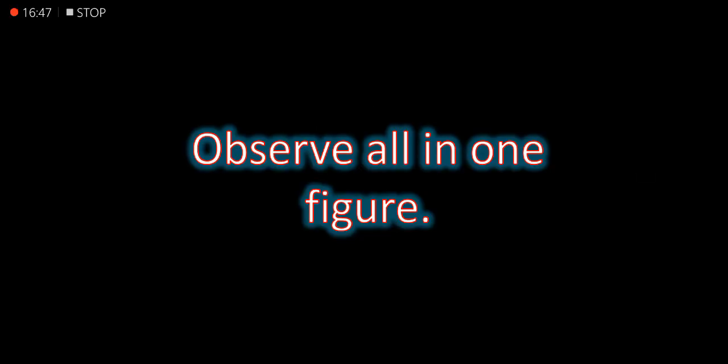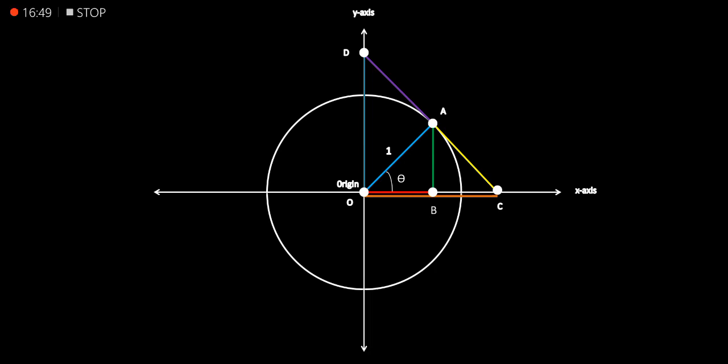Observe all in one figure. In this figure, the red line is the representative line of cos of angle. The green line is the representative line of sine of angle.